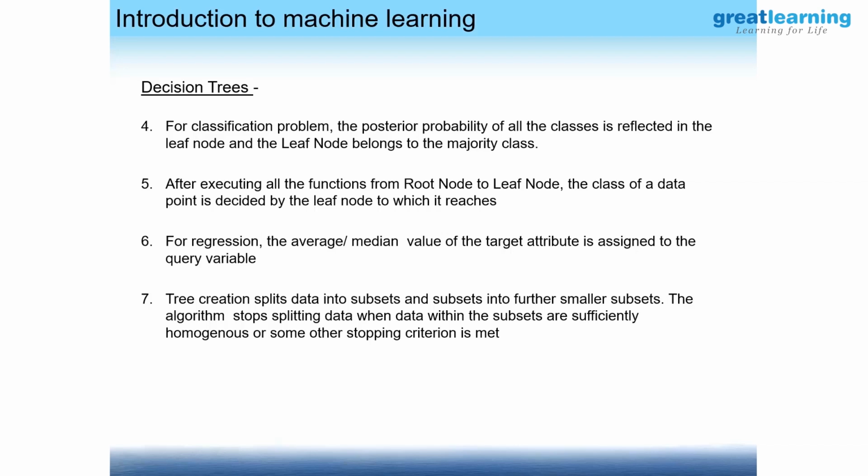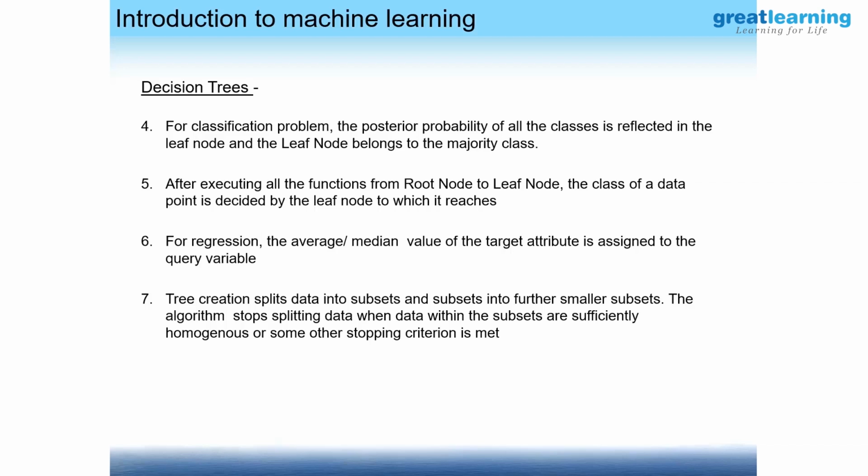So I know that when somebody follows this path, he is likely to be a defaulter. So I don't need to further split it. On the other hand, this one has still got some mix of defaulters and non-defaulters. Suppose the majority of them are non-defaulters. So on some other function which is executed on one of the other attributes, this data will be split again.